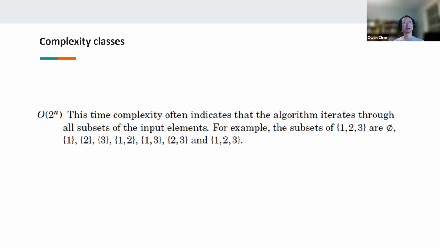For those of you who learned math number theory, there's a combination: for every given subset, you pick one element or two elements or three elements. If you're going through all the subsets of the elements, then it can end up with this exponential.